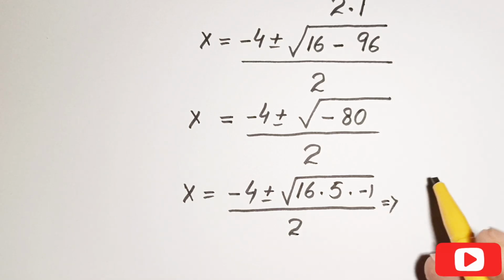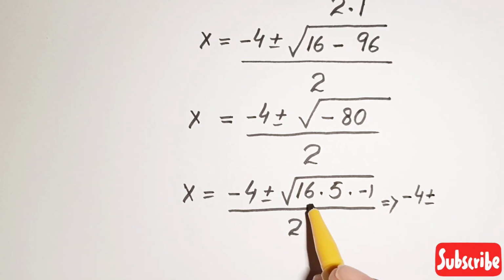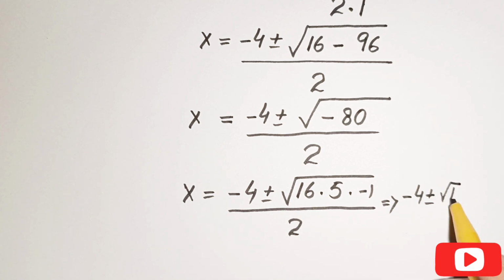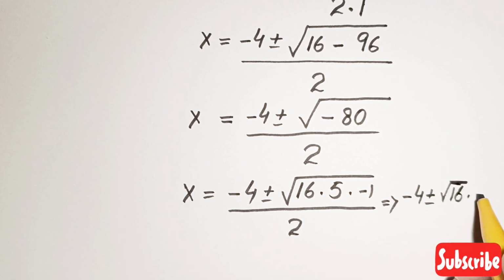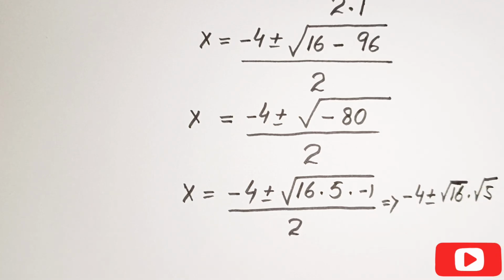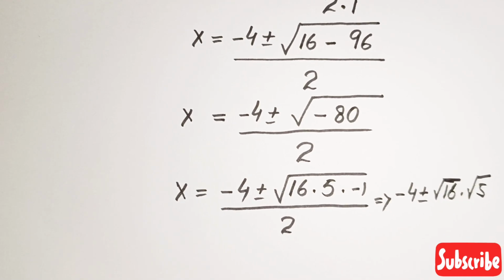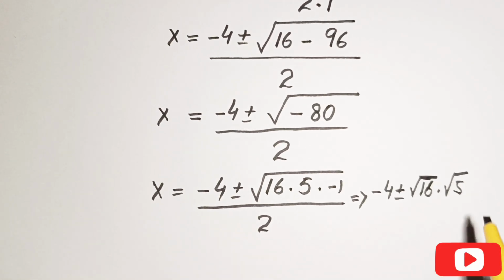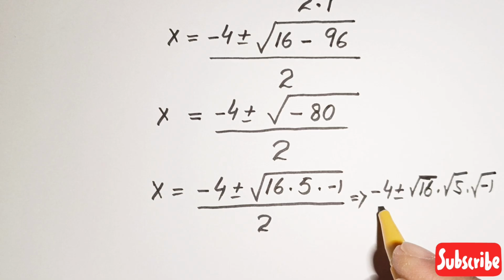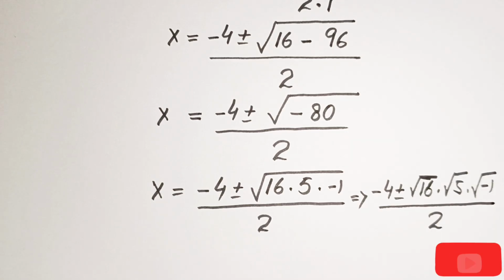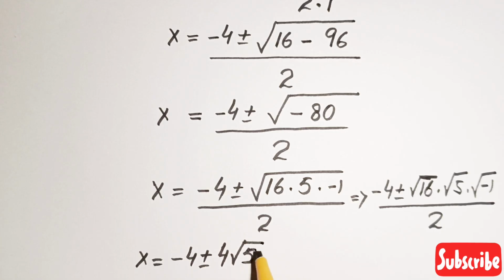If we write these three terms separately, we have the square root of 16 multiplied by the square root of 5 and then multiplied by the square root of minus 1, all over 2. Then x is equal to minus 4 plus minus, the square root of 16 is 4, times the square root of 5, and the square root of minus 1 is equal to iota i, all over 2.